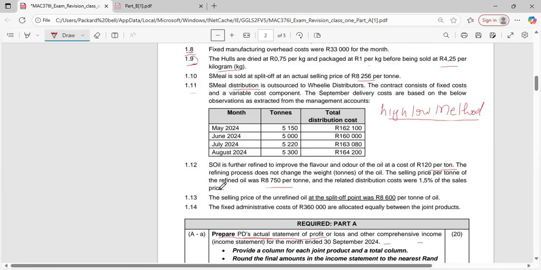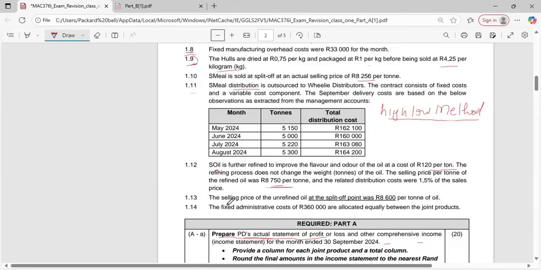So here we're going to get our further processing cost of S oil, and also the selling price after being further processed. So when we look at the sales value of S oil in our calculation, we take this because this one is going to be sold after being further processed, right?